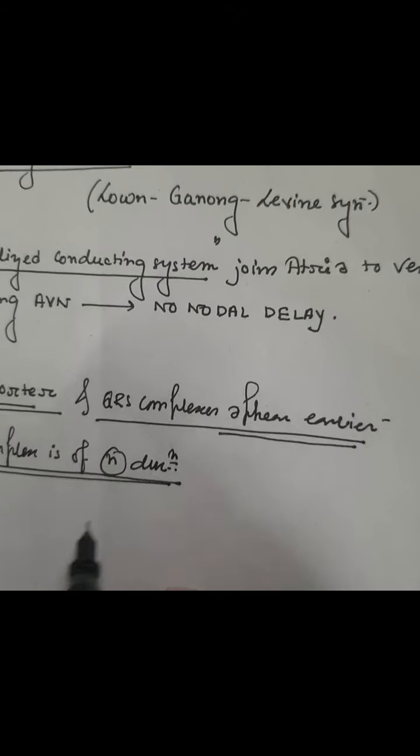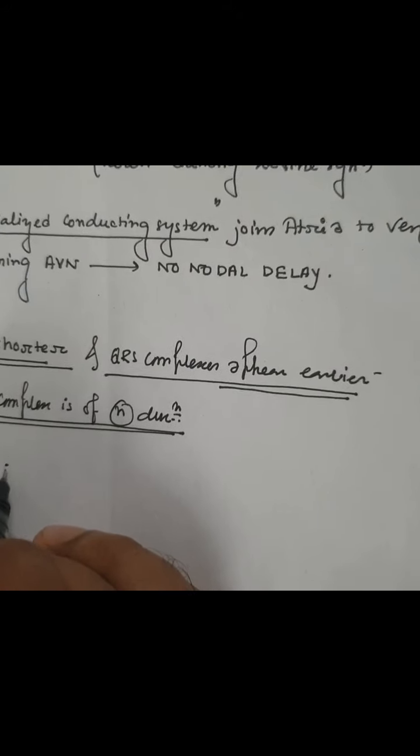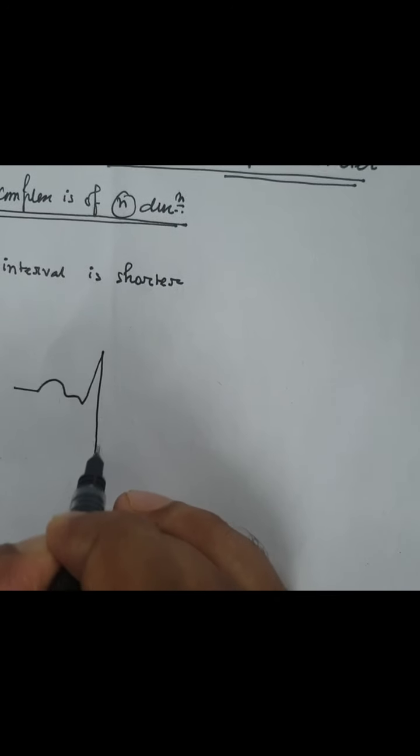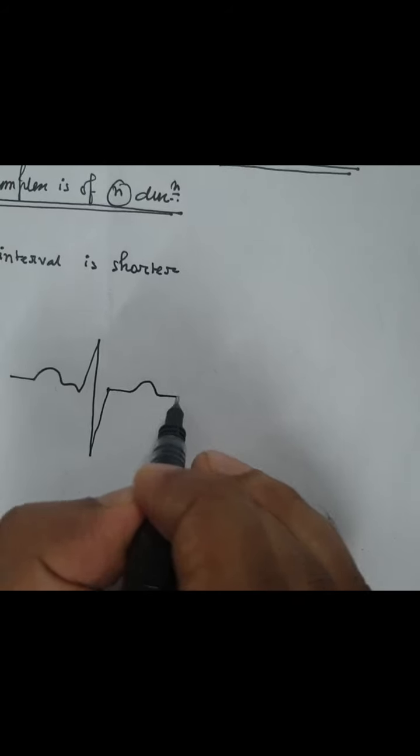So what will be the effect on the PJ interval? The PJ interval is shorter. So this is a picture of the PJ interval. This is a P wave, QRS complex. This is a T wave.